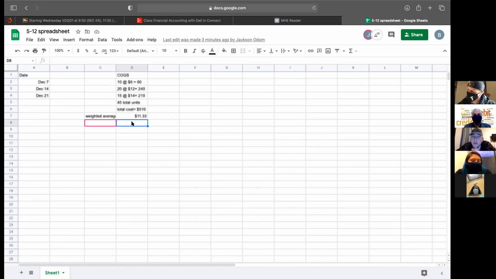Well, that's everything available to sell. We've got 45 units we can sell, and the 510 is the value of all 45 units. But is that what we have in inventory? How many units do we have left in inventory?